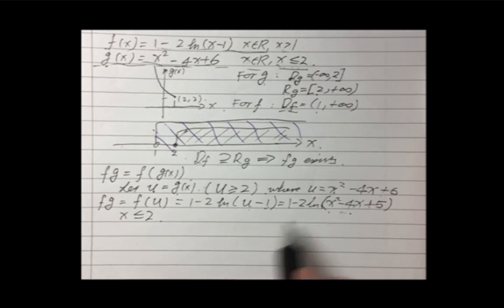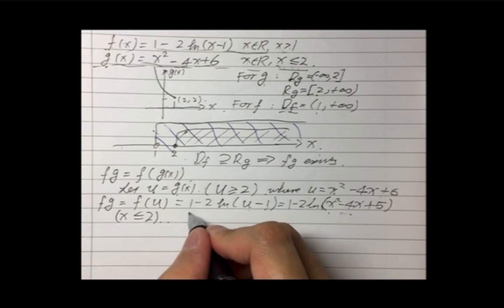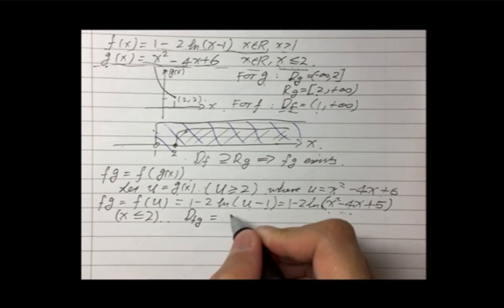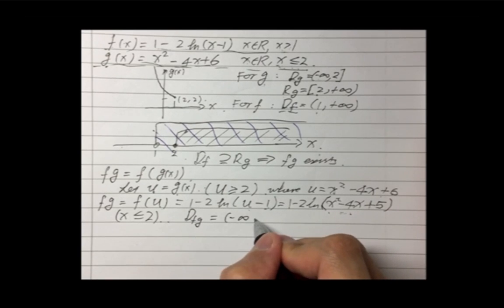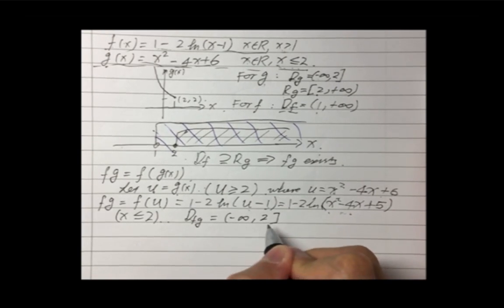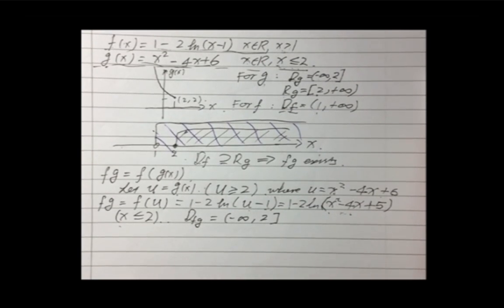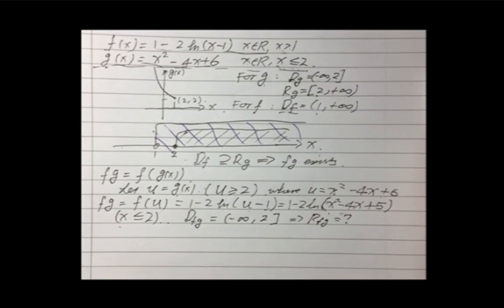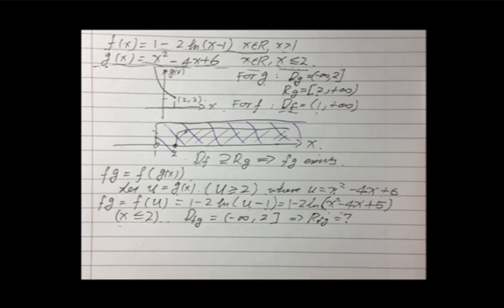So in this case, the whole thing's domain will be equal to the range of x in this case. So according to this, we're going to find out this range of fg, right? We now need to do something to find out this range.